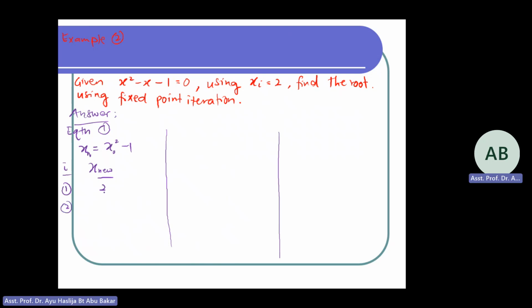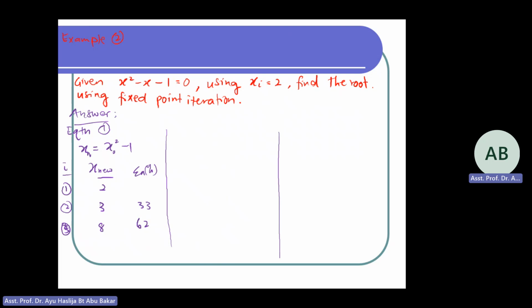Second iteration, what will you get? 3, right? What is your EA? 33%, remember, percent. Third iteration, what do you get? 8. EA? 62.